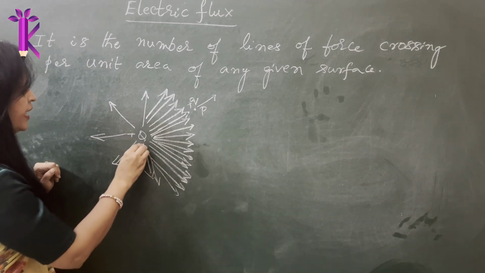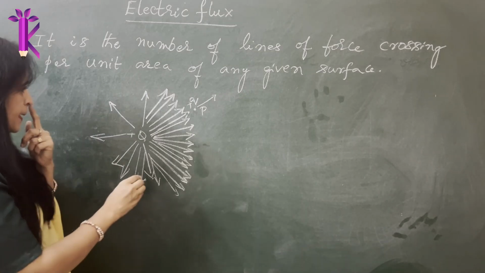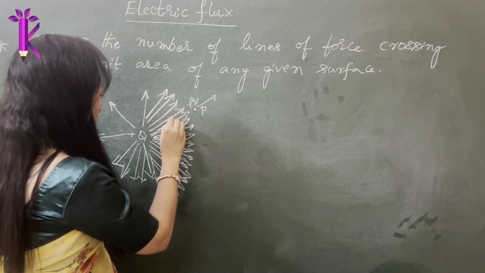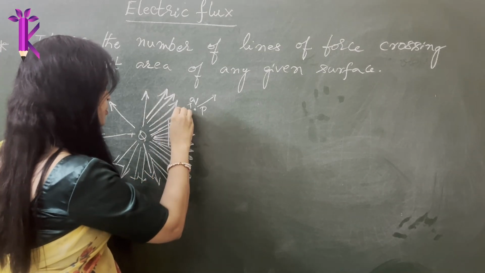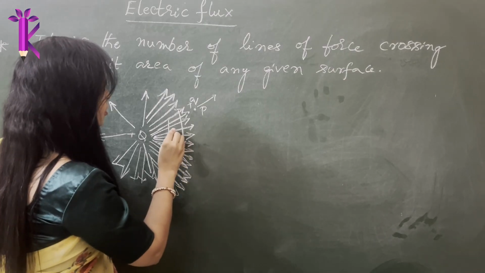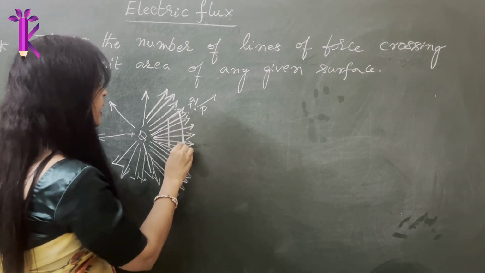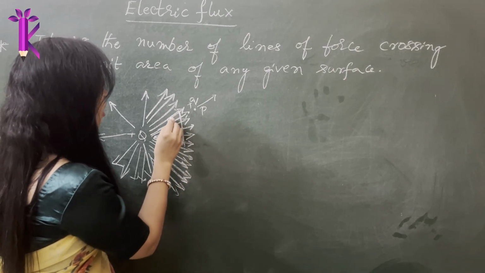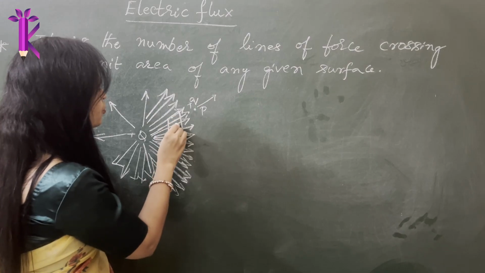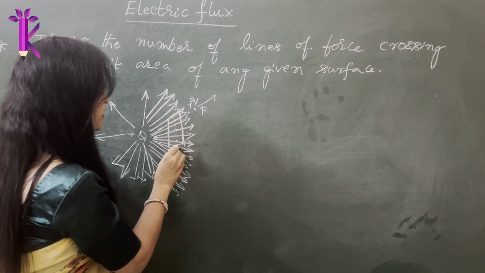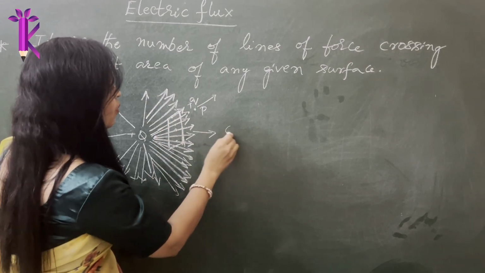Similarly, here it might experience a lesser electric force. So if I take a cross-sectional area, just a surface, you see how many lines are passing? 1, 2, 3, 4, 5, 6. 6 lines are passing. So what will be the flux?